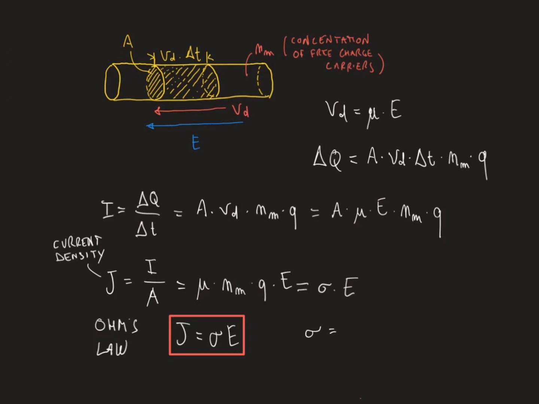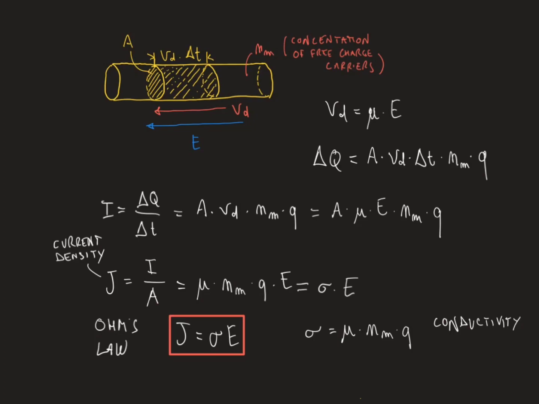Sigma, equal to the mobility times the carrier concentration times the elementary charge, is called the conductivity of the metal. Sigma, the conductivity, is a characteristic parameter of the material we're considering.